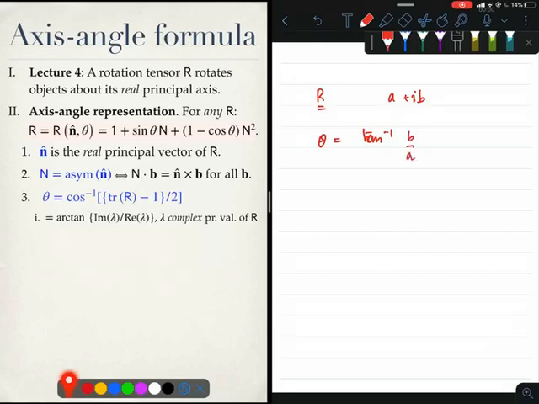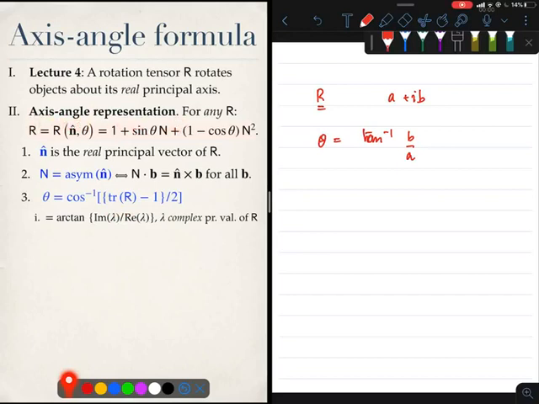The question you may have is whether this formula is the same as that one. You can show in the homework that it will indeed be the same, by using trace of R. Okay, so that's the axis angle representation.